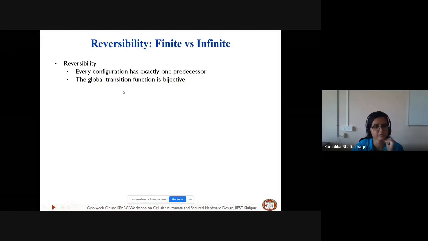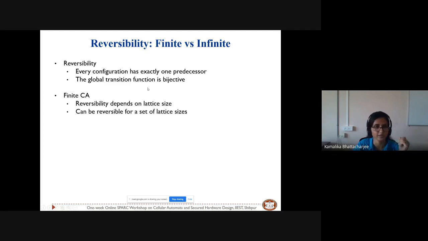For reversibility, we know that every configuration has exactly one predecessor and the global transition function is bijective. But for finite CA, you can see that reversibility depends on lattice size. For example, the rule 75 we are discussing is reversible when the size of n is odd. If it is even, it is not reversible.